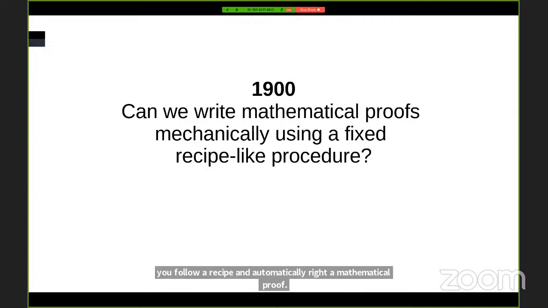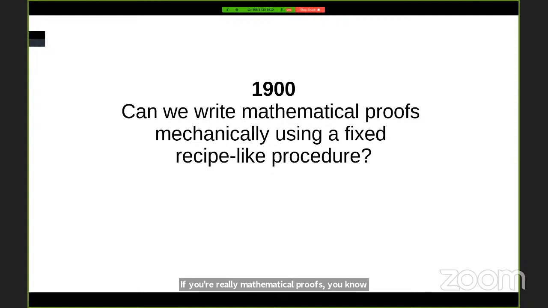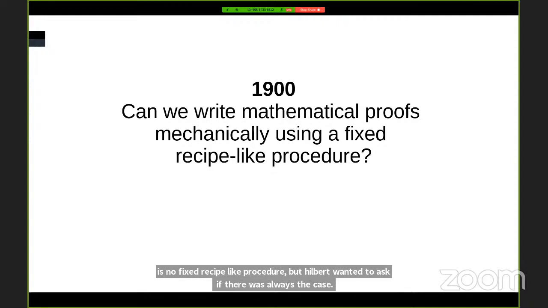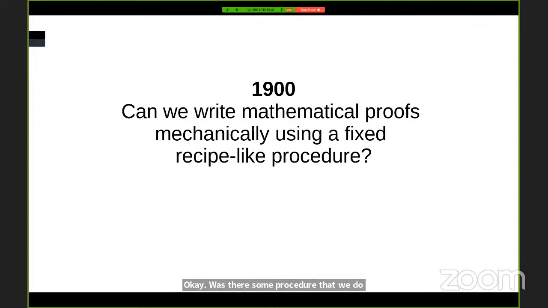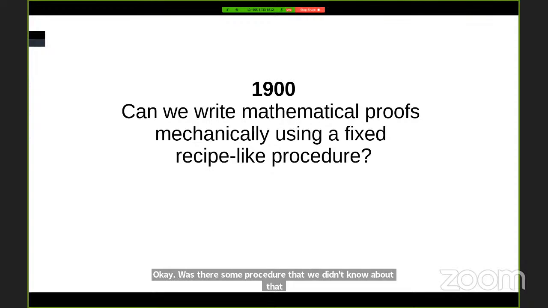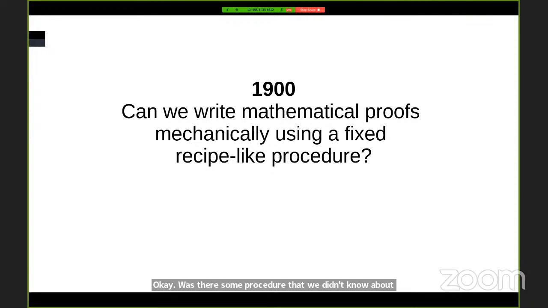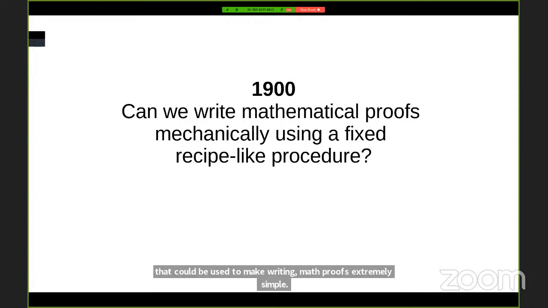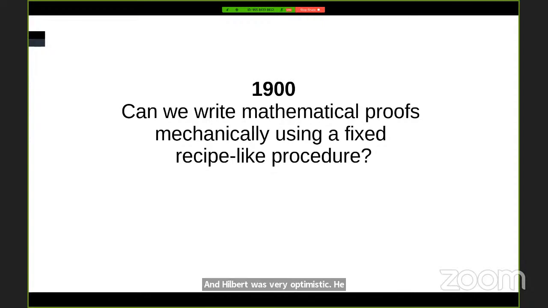If you've written mathematical proofs, you know that there is no fixed recipe-like procedure, but Hilbert wanted to ask if that was always the case. Okay, was there some procedure that we didn't know about that could be used to make writing math proofs extremely simple? And Hilbert was very optimistic. He assumed there was such a procedure, we just didn't know about it.